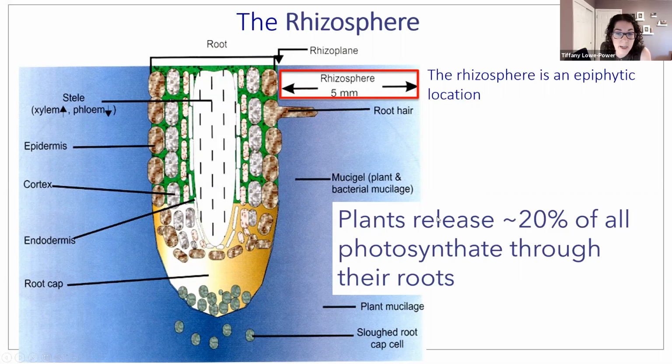Estimates of carbon movement in plants indicate that plants can release up to 20% of all of the carbon that they fix into photosynthate. 20% of that carbon gets exuded through plant roots, and then provides kind of an oasis in the soil of a lot of organic acids, maybe some sugars that soil microbes can use to grow to high densities on. So there's a lot of potential food here.